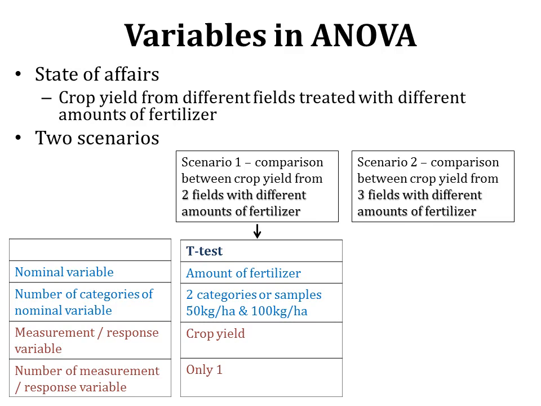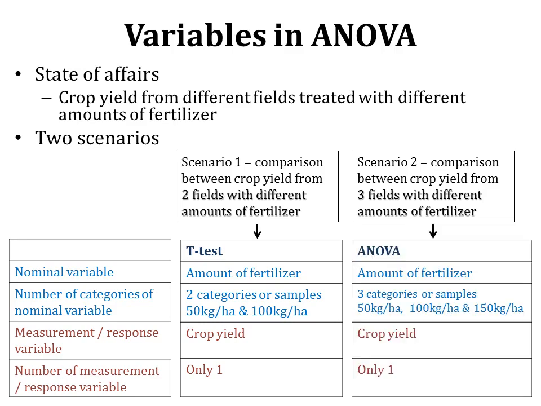One field has got 50 kilograms per hectare, and the other field has got 100 kilograms per hectare. The measurement variable or the response variable is crop yield. And how many measurement or response variables do we have? We have only one.